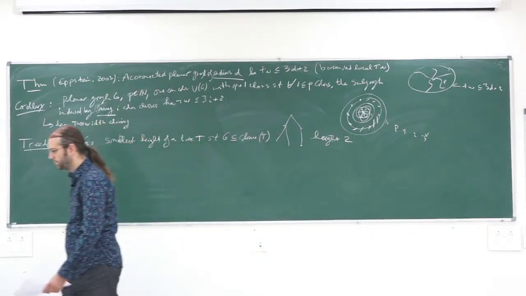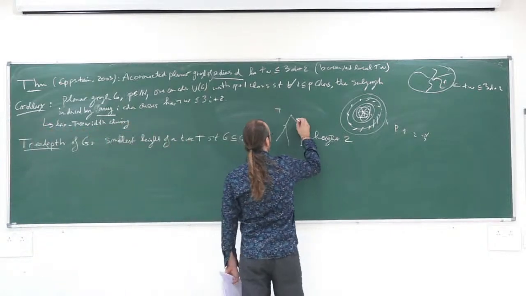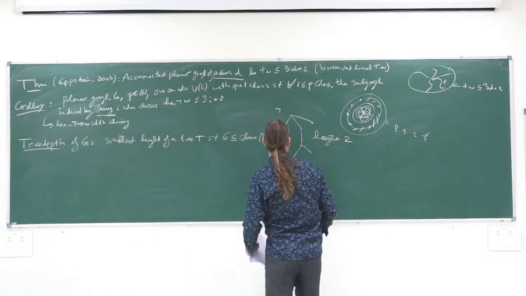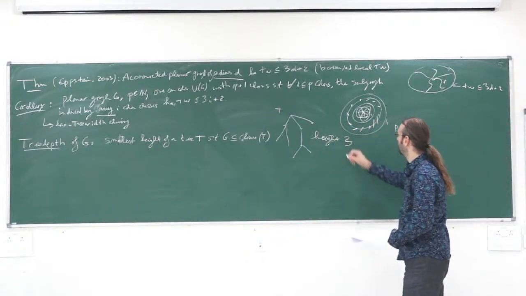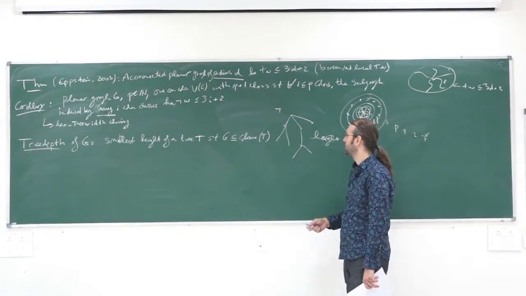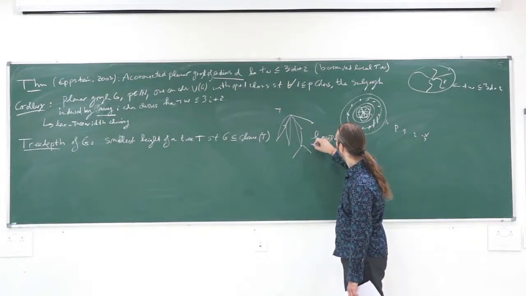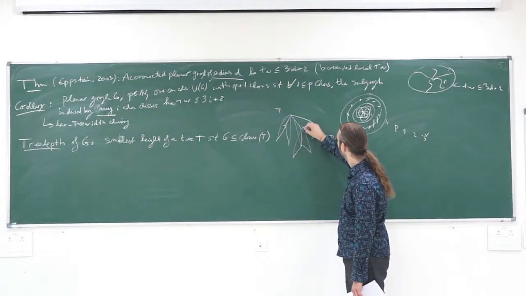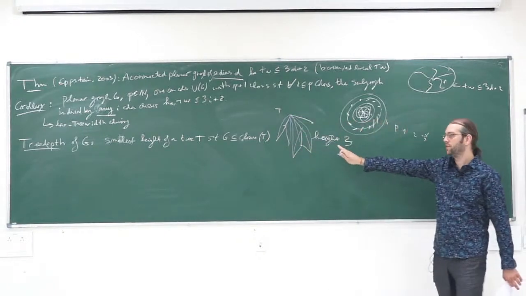Okay, what does it mean? I'll give you a picture. So this is your tree T. What's the closure of the tree? The closure of the tree is you put an edge between any vertex and its ancestors. Okay, this is the closure of that tree.